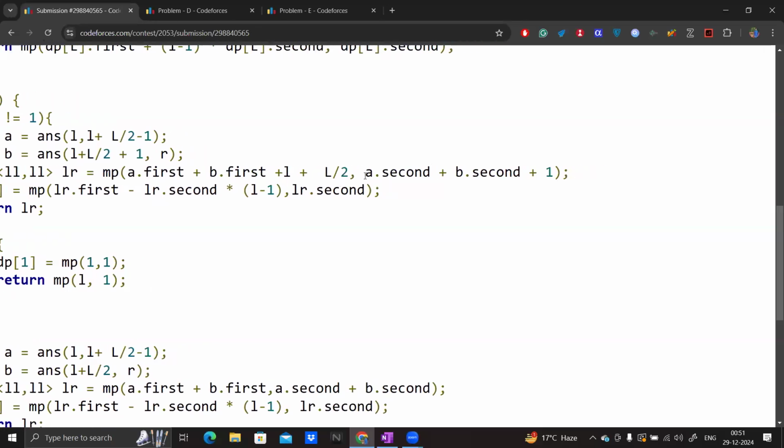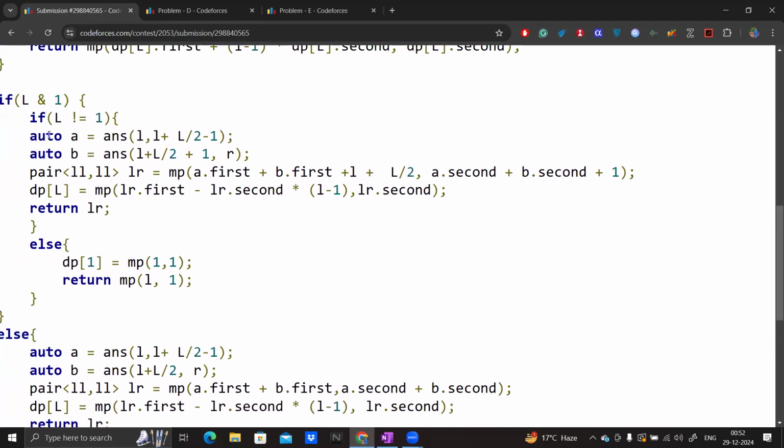And the number of elements would be left half plus right half plus this middle element, which is one. The number of elements will increase by one because we are taking the middle element in case the length is odd.